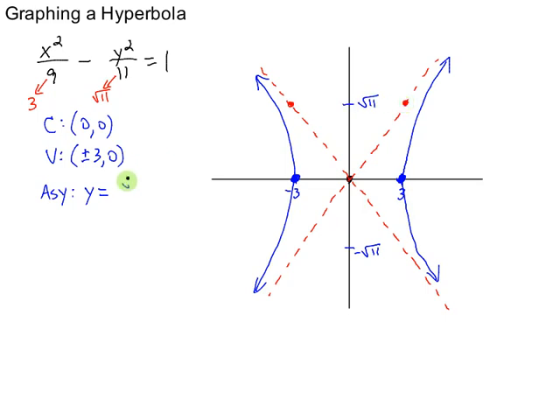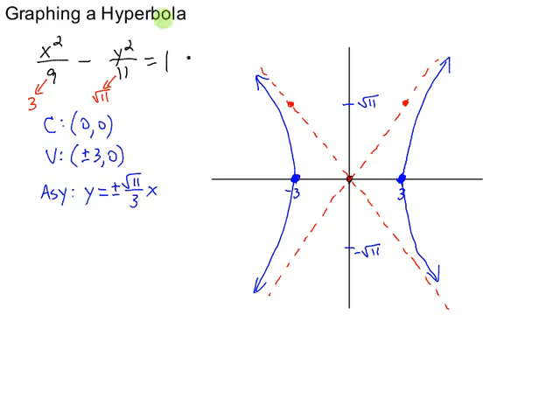So my slope is square root of 11 over 3. And my other slope is rise square root of 11 and run negative 3. So it's plus or minus square root of 11 over 3 times x. And my center is the origin, so I don't need an x plus or minus something or a y plus or minus something to shift the asymptotes.